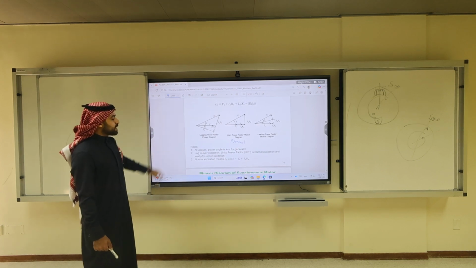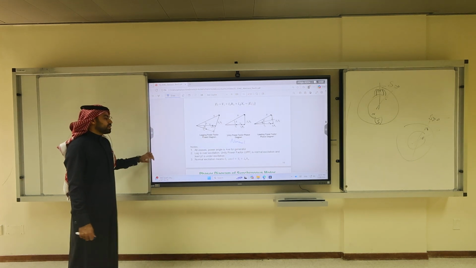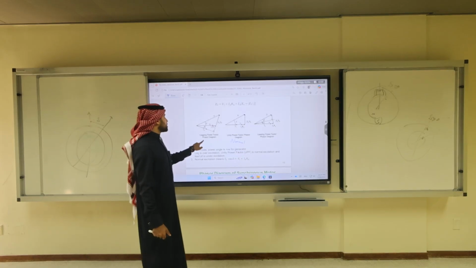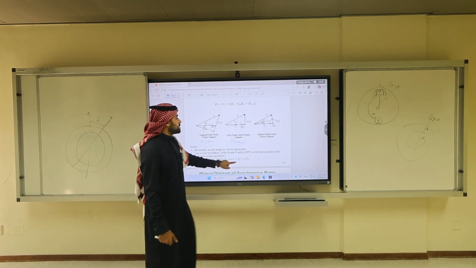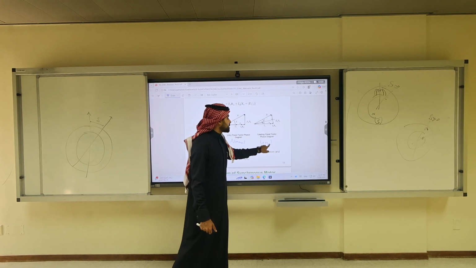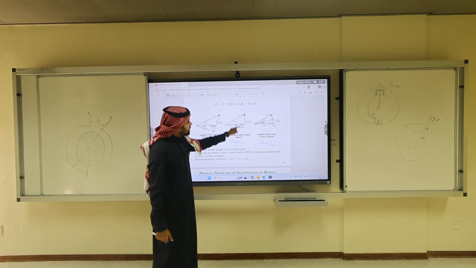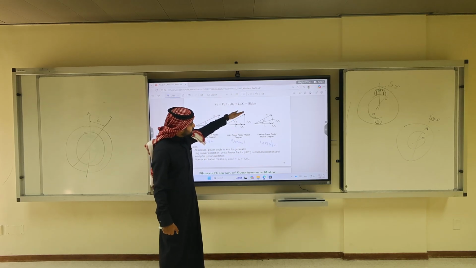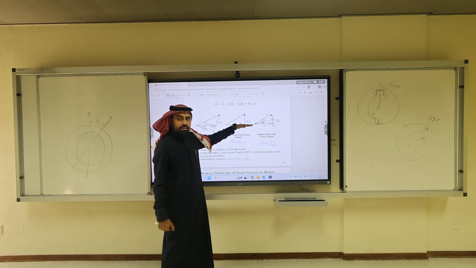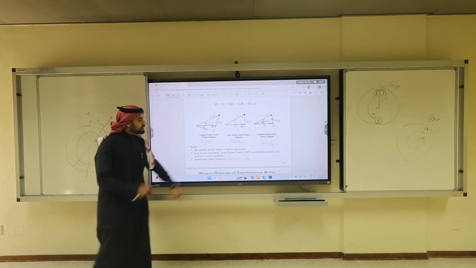For the lagging power factor, this is over excitation. This is under excitation. For the normal excitation, if you do the projection EA cosine delta, it goes over V plus IARA.